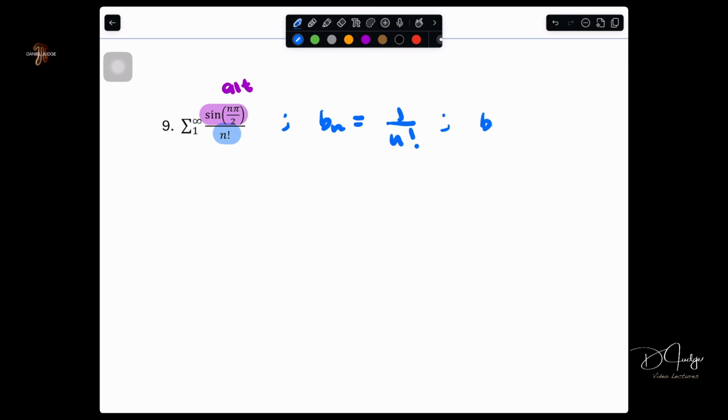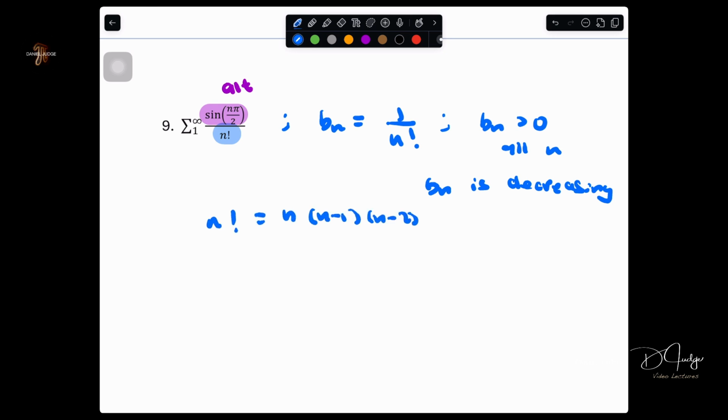Well, these terms are positive for all n, and they are decreasing because the numerator is constant and the denominator is getting bigger, because n factorial, if you guys recall, by definition is n times n minus 1, n minus 2, down to 2 times 1.